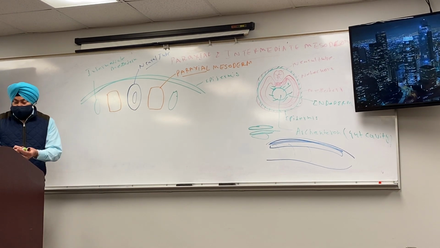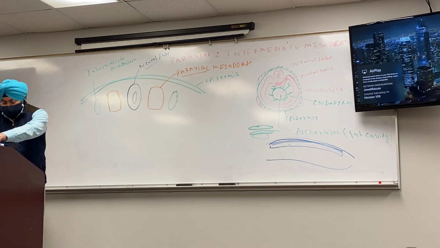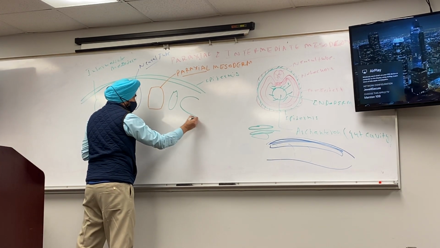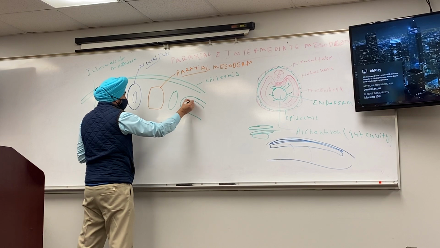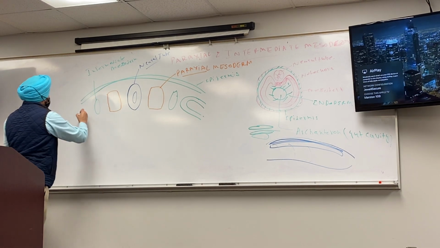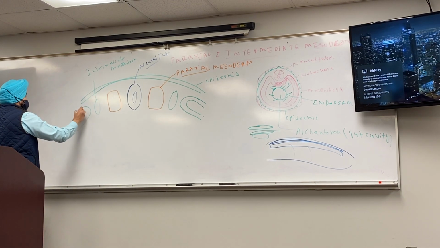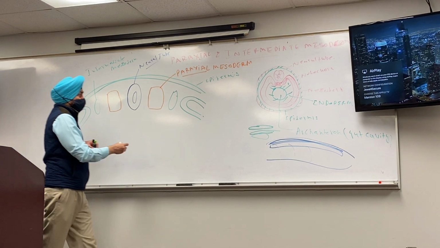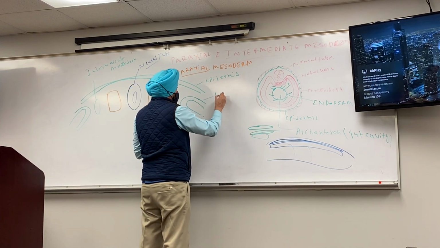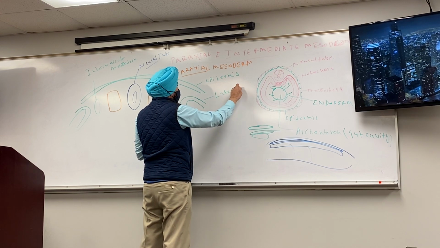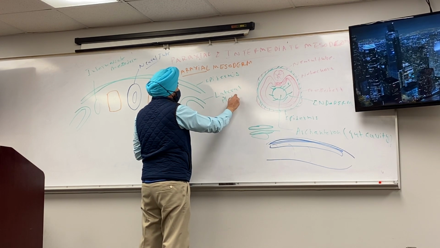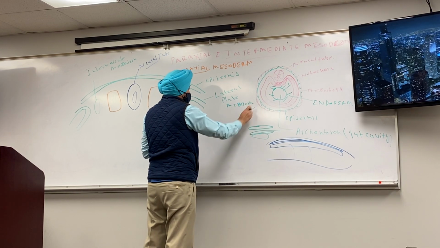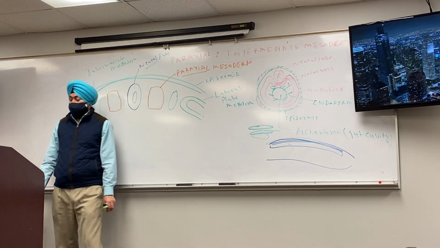And after that, we have another part of the mesoderm, and that mesoderm is drawn like this. This mesoderm is called lateral plate mesoderm. Okay.